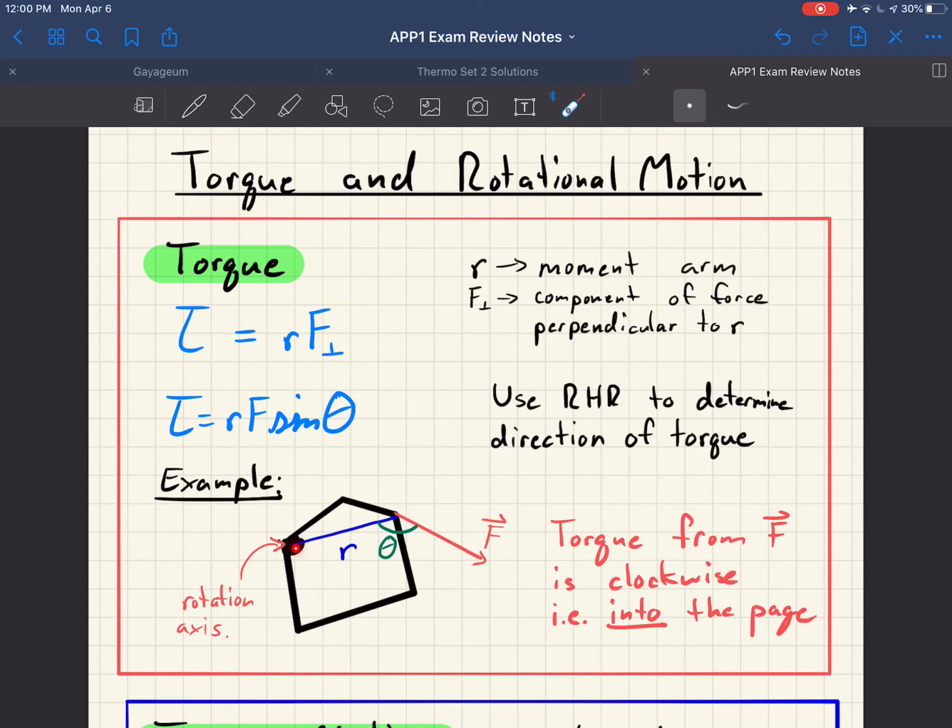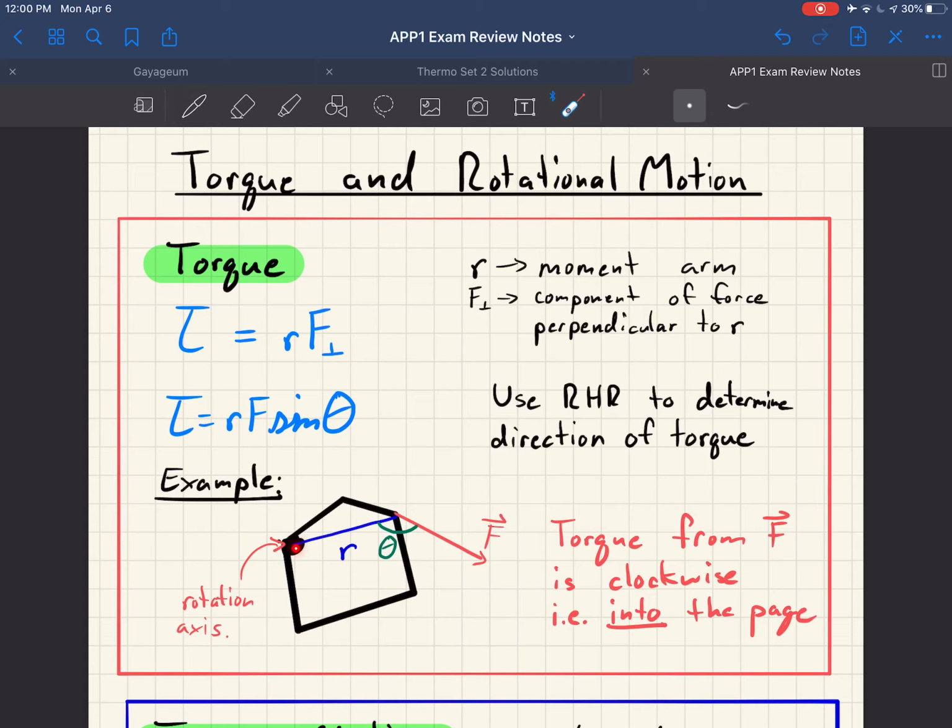In order to use this to build an equation, the first thing we have to do is choose a rotation axis. I'm just going to choose to put our rotation axis at F1. If we do that, this force will exert no torque because there's no moment arm distance to this force from this point.